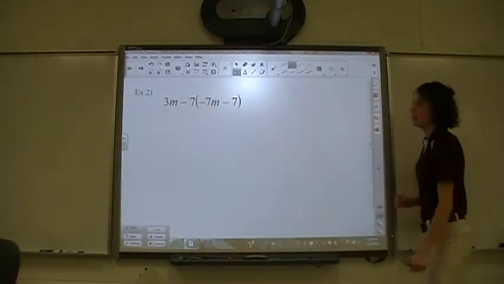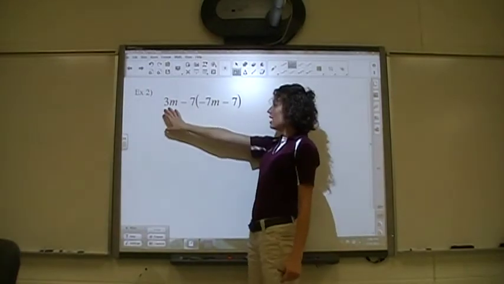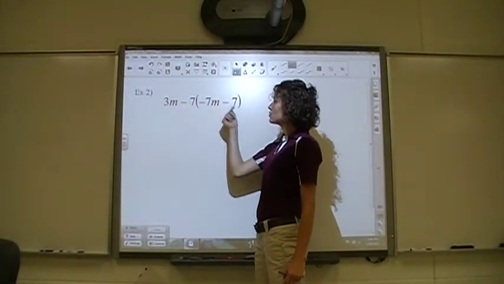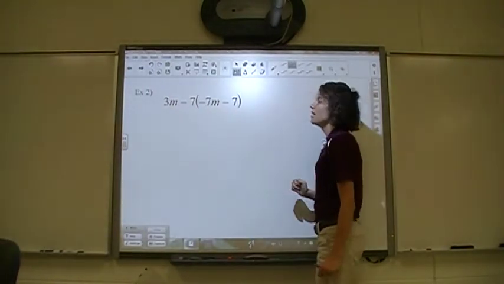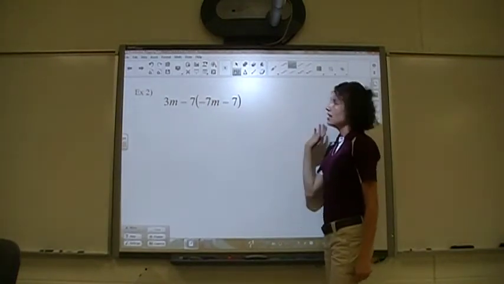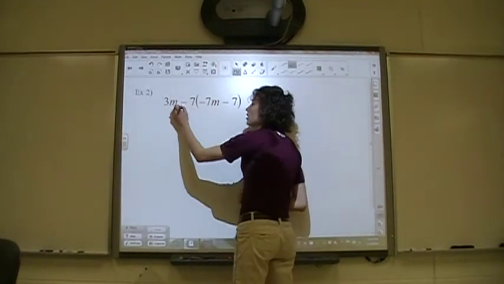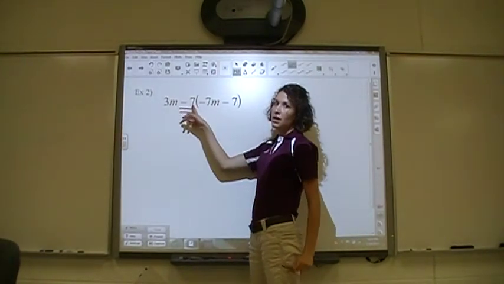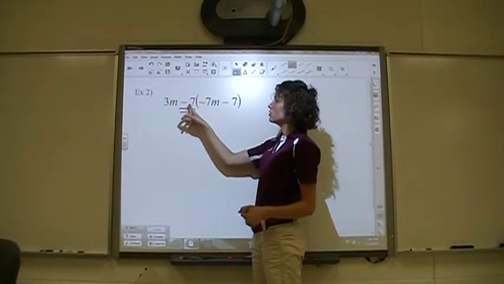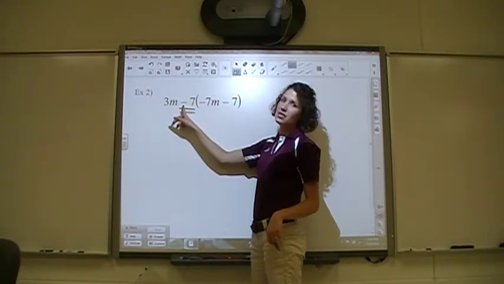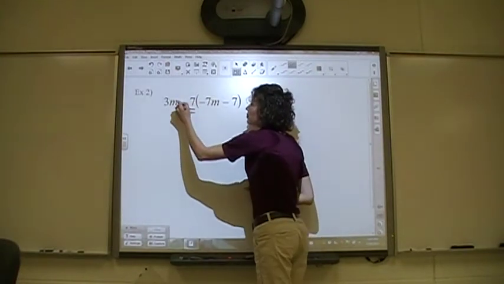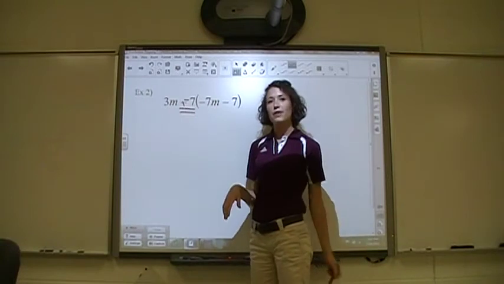Let's try another one. Now we have 3m minus 7, times the quantity of negative 7m minus 7. Now we got a lot of 7s there, and we have a lot of negative signs. So when you have this minus 7, make sure when you distribute, you distribute the 7 and the negative sign. So if you want to make it plus a negative 7, that's perfectly fine with me.